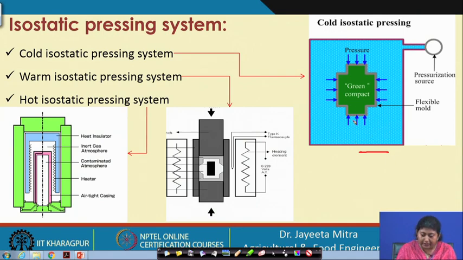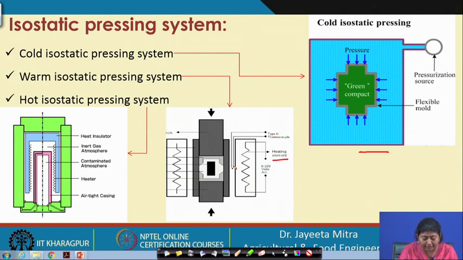Now, in the other case, the warm isostatic pressing system, we have a heating element, and across two electrodes we are sending the electrical current, and that heats this section.